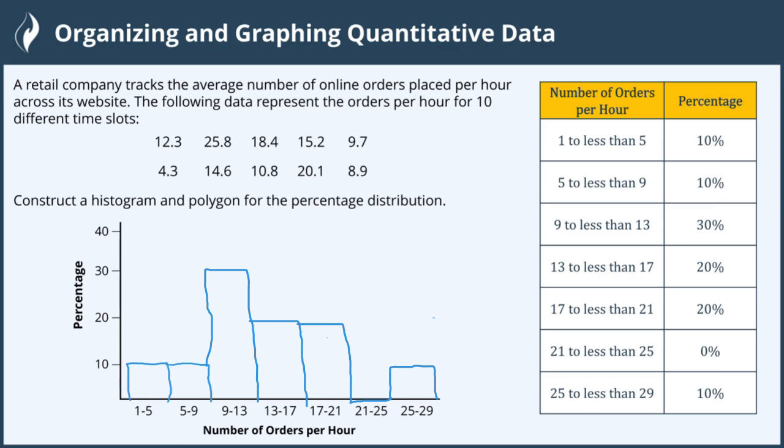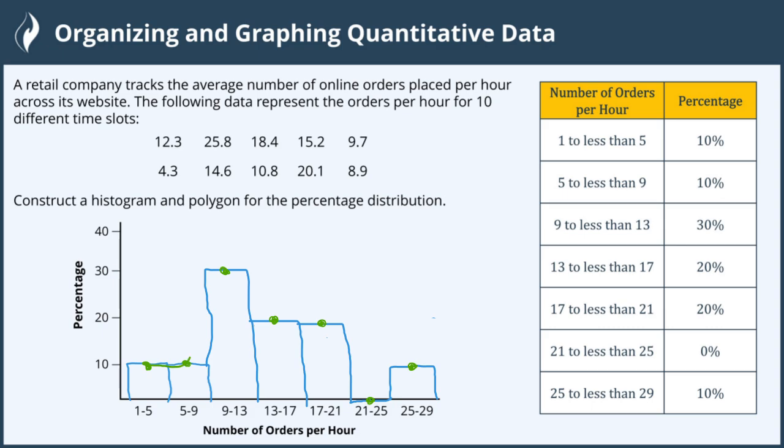Now for our polygon, we're going to draw a dot in the middle of each of these bars on the histogram. And then we're going to connect each one of these dots with a line. So we're going to draw a line from the first 2 bars.